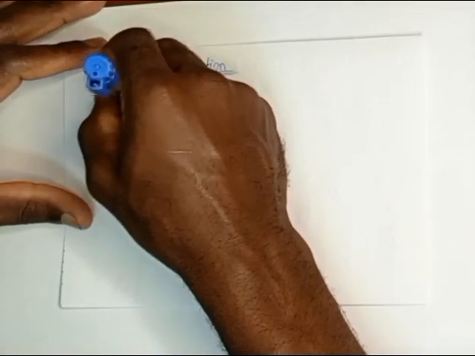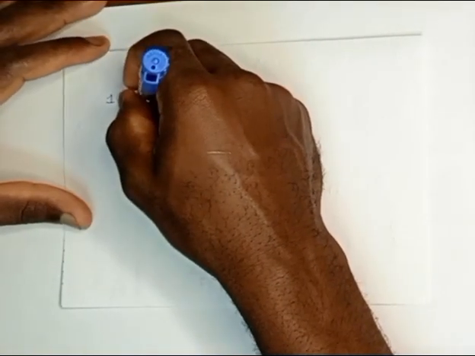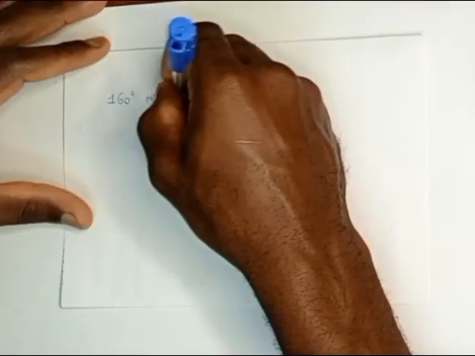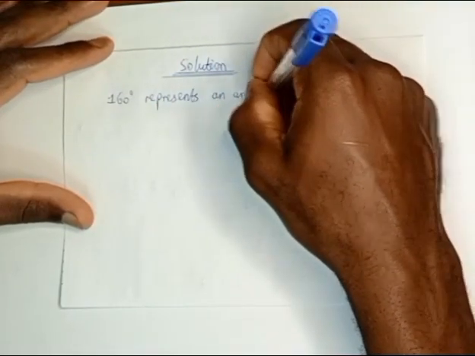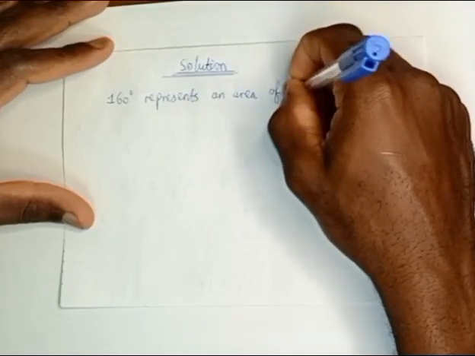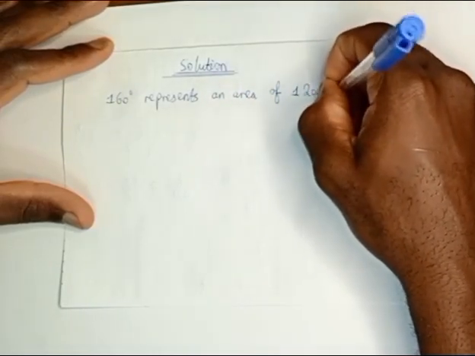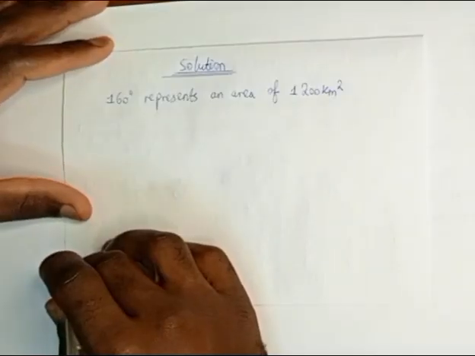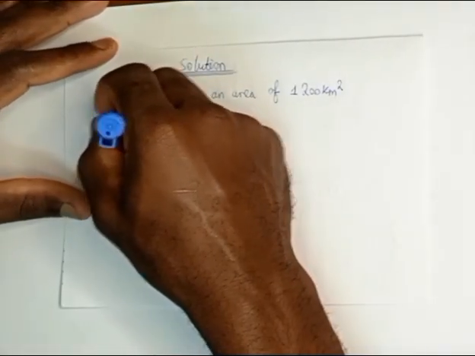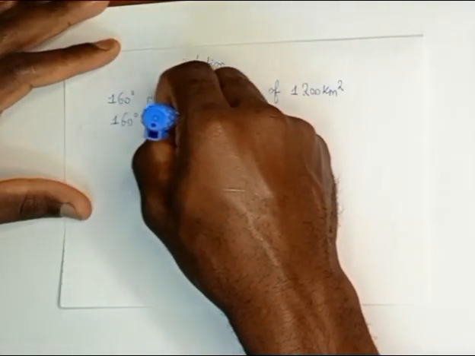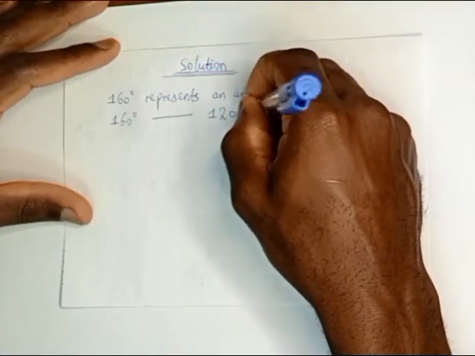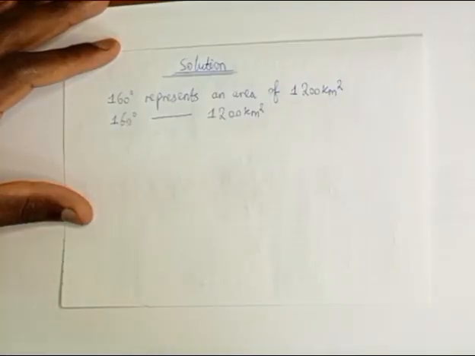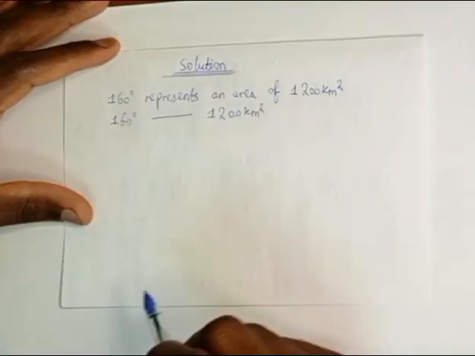We have 160 degrees represents an area of 1,200 kilometers squared, which we can write mathematically as such: 160 degrees corresponds with 1,200 kilometers squared.